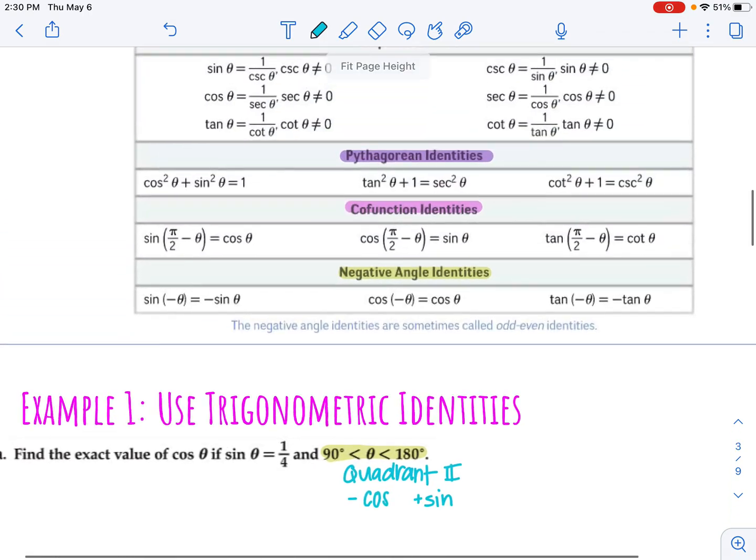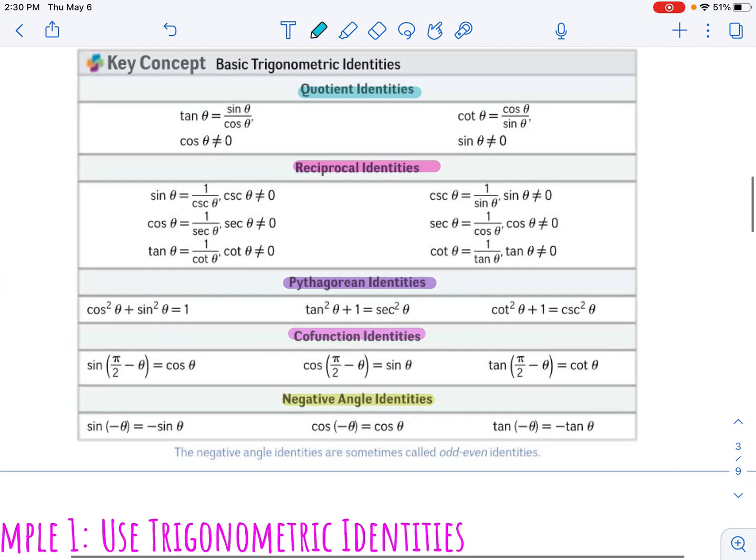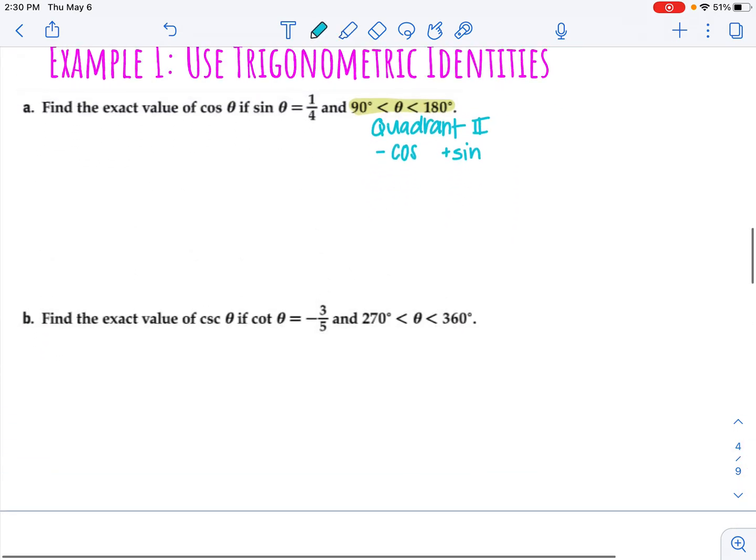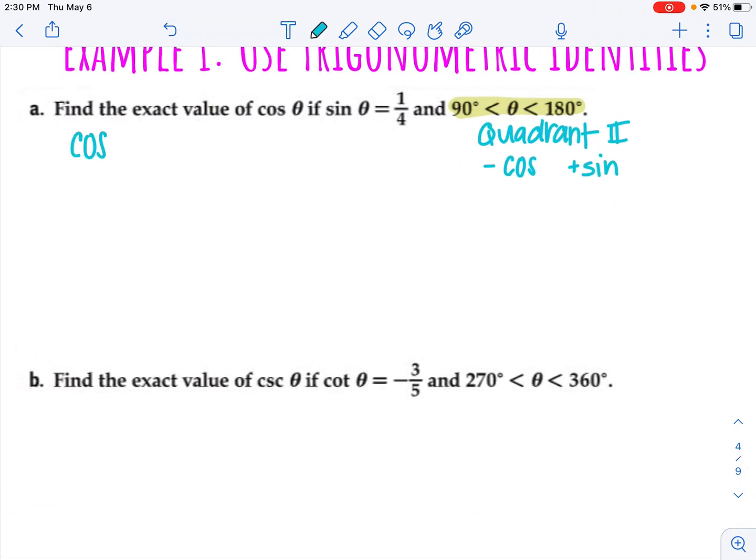So we can use one of these functions, and if we look back up here, we can use this lovely Pythagorean identity. Cosine squared of theta plus sine squared of theta equals 1. So we are going to say cosine squared of theta plus sine squared of theta equals 1.